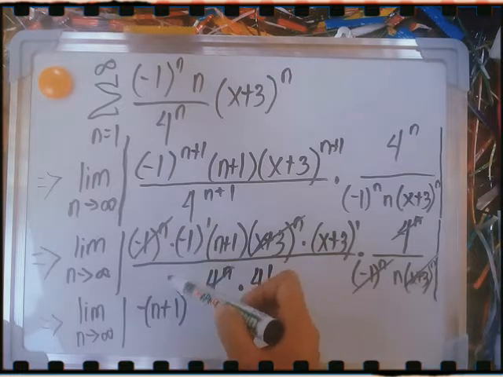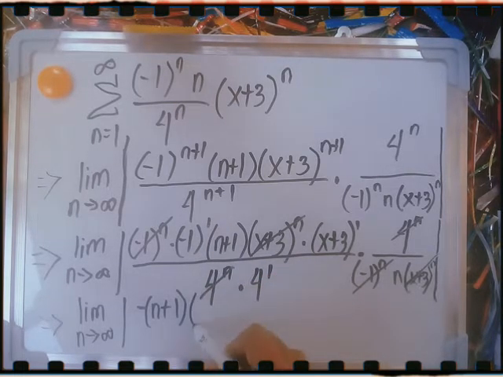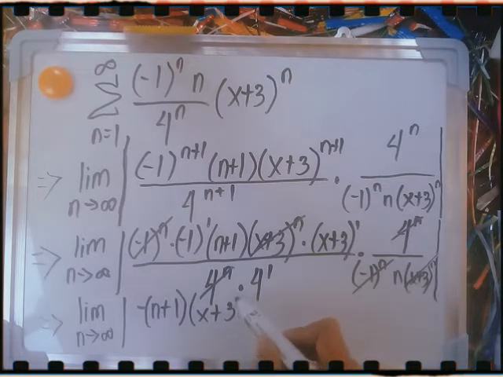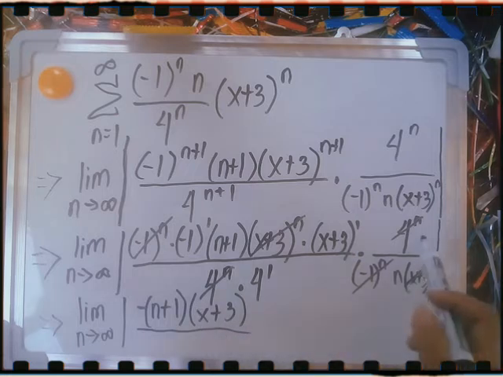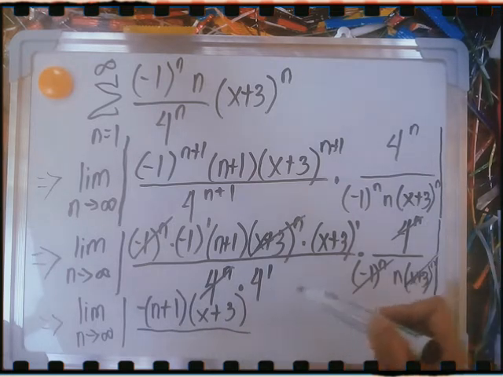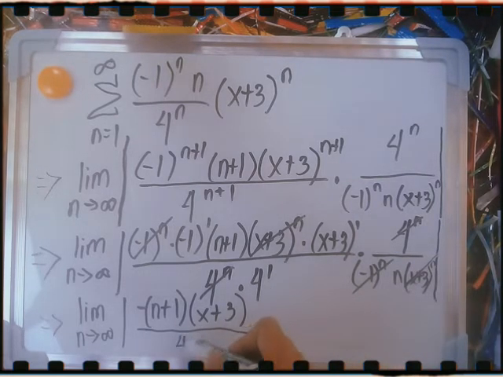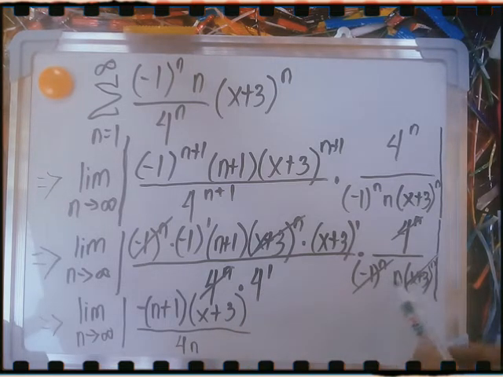So, yung negative na lang natin yung negative 1 raised to 1. Same value lang. And then the x plus 3 raised to 1. Huwag na natin isulat yung raised to 1. Over, wala naman na natira dito. And then may 4n pa dun. So, 4 times n. Okay?